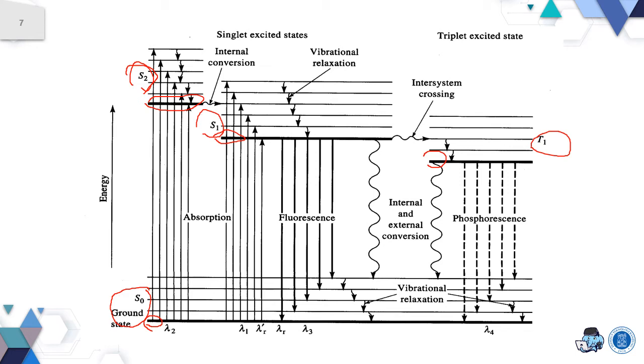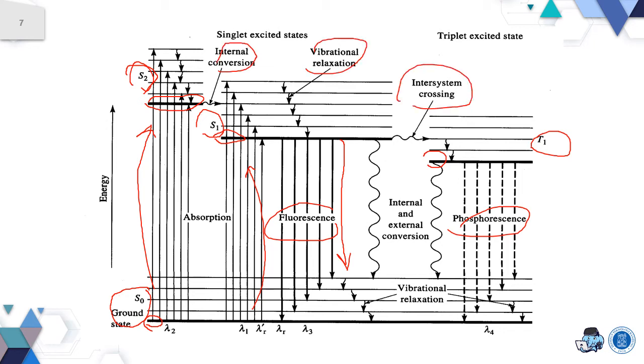So first, when a molecule is given light by the radiation or the source of light, it will go through absorption, so the electron will be excited to a higher energy level, and then at some point it will go down to the ground state by fluorescence, phosphorescence, or radiation-less relaxation like internal conversion, vibrational relaxation, intersystem crossing, and also external conversion.